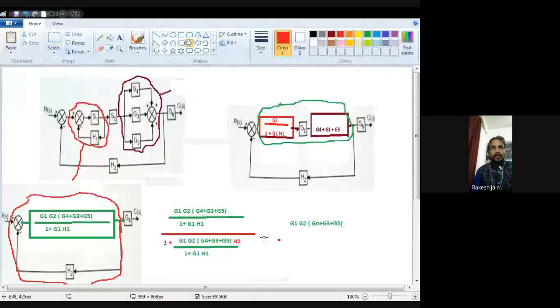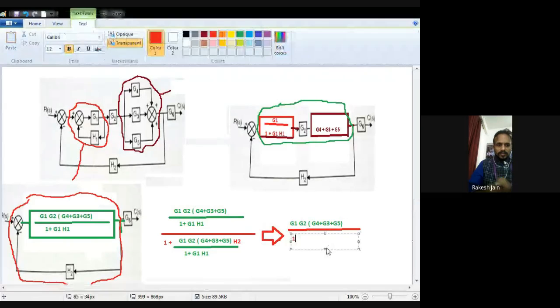This will equal G1 G2 upon this, and when I take the LCM, the denominator term of the upper side will be cancelled out. So 1 plus G1 H1 plus G1 G2 G4 H2 plus G1 G2 G3 H2 plus G1 G2 G5 H2.